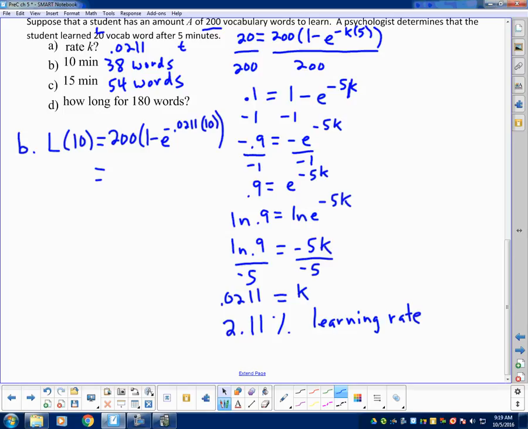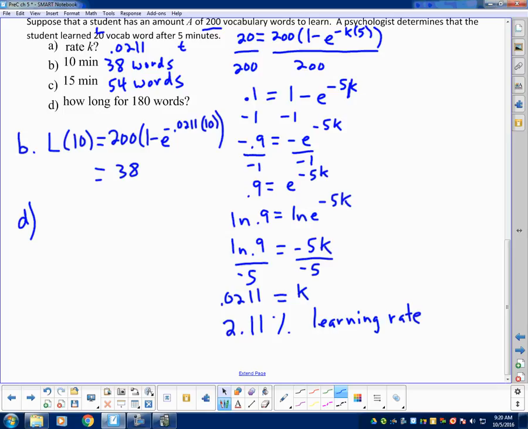All right, then it says, how long does it take for the student to learn 180 words? So that's part D. When I ask how long for 180 words, I'm asking you to go through this process again.